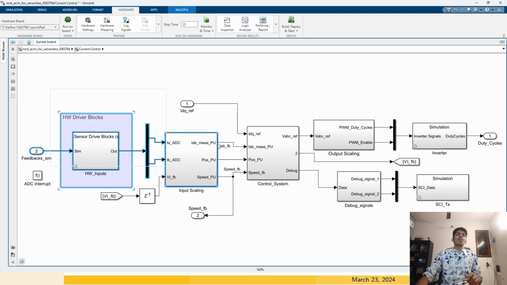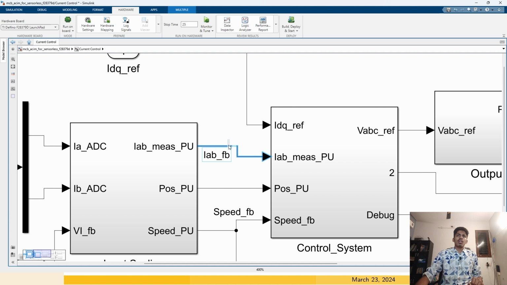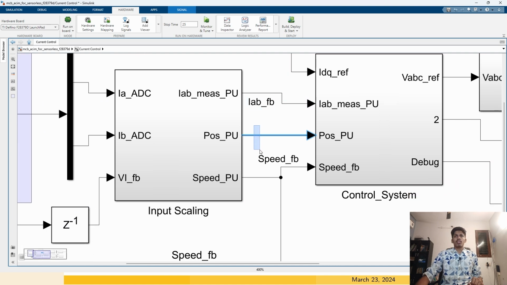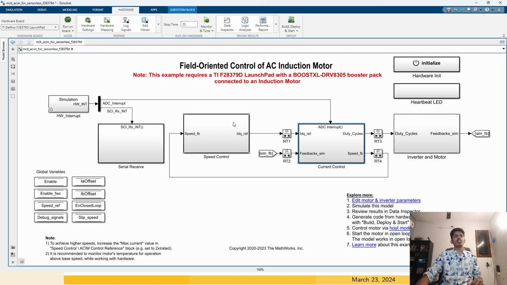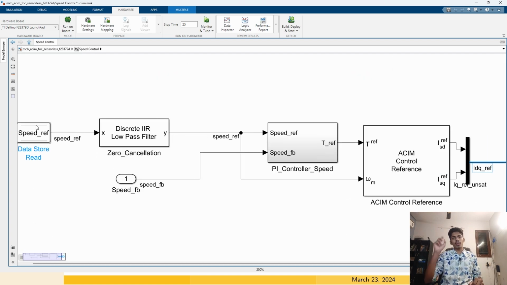Now we have the measured currents, the estimated position, the estimated speed and the reference current. This reference current is coming from the speed control system. As a user, we give the speed reference. For example, this motor should run at 1400 rpm.